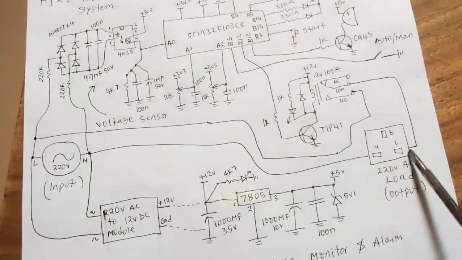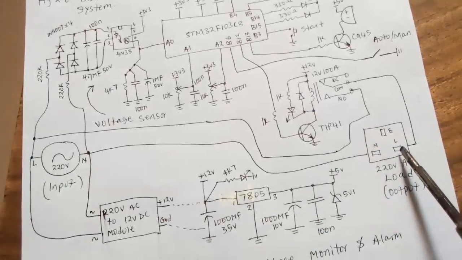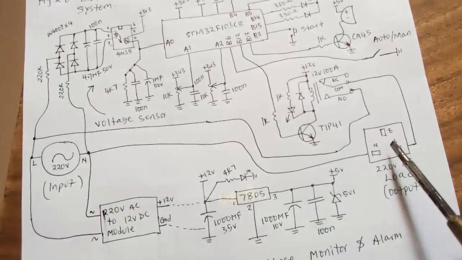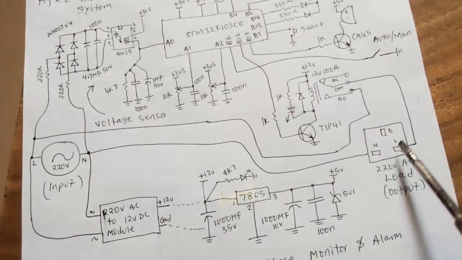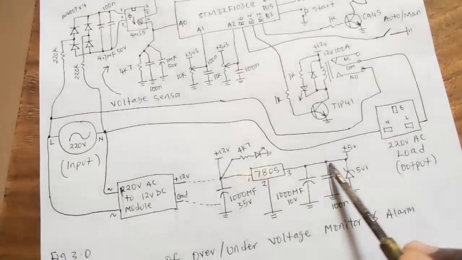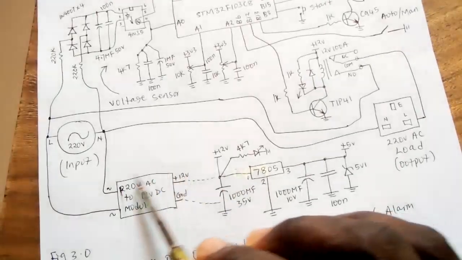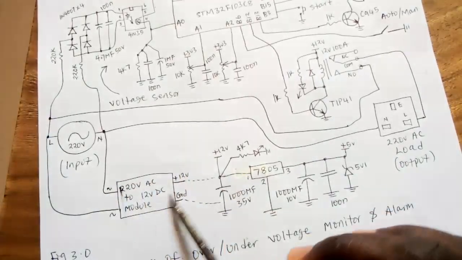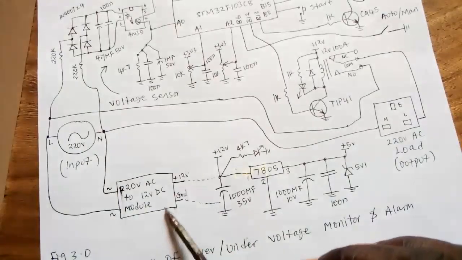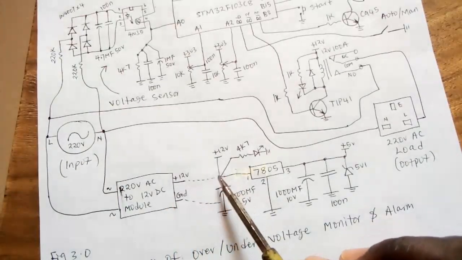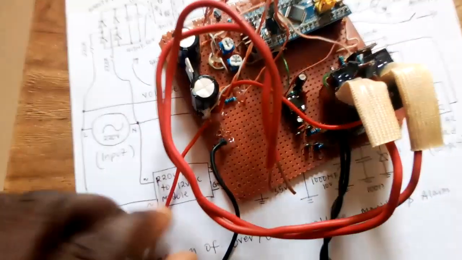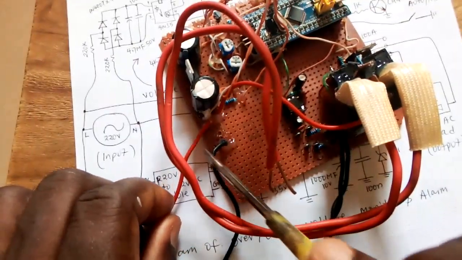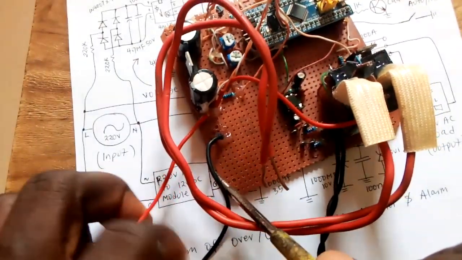I'm going to put a socket outlet, like a 15 amp socket, where I will connect my extension socket going to my appliances. Then from my 220 volt AC to 12 volt adapter, or power module, I have 12 volts here. So my 12 volts comes in here, just like what you are seeing now, my 12 volts and my ground.